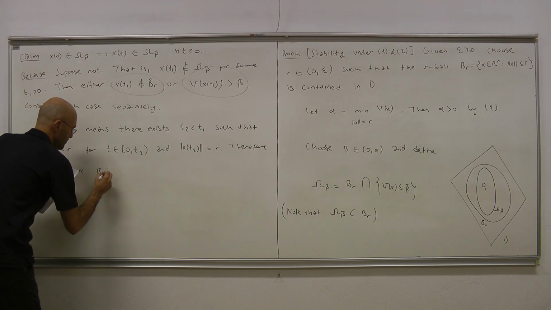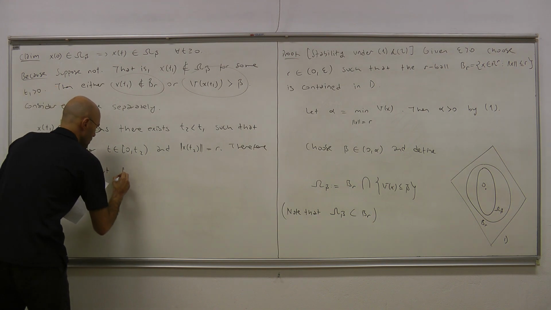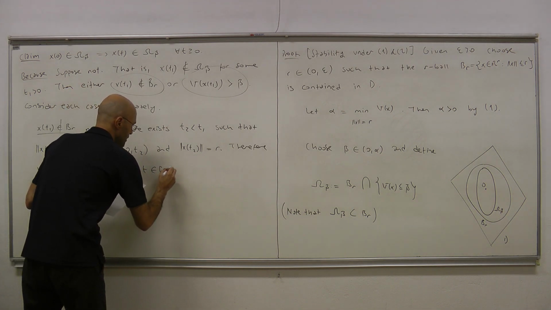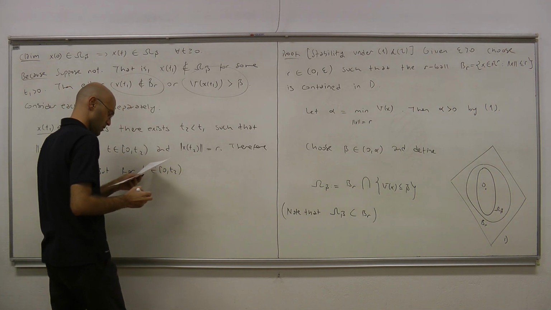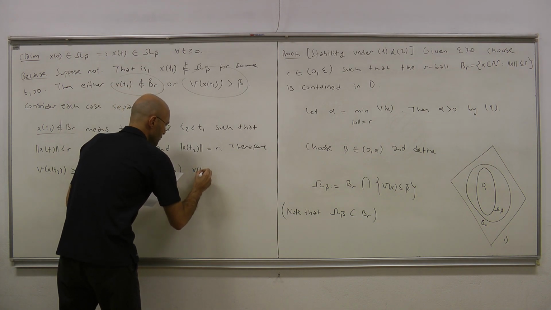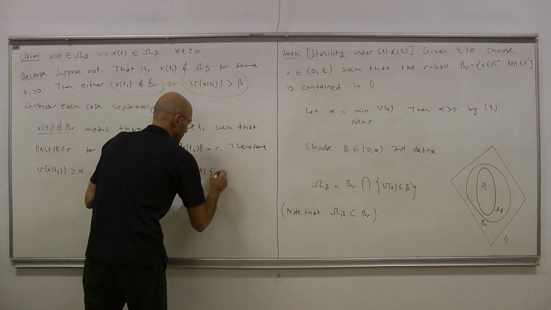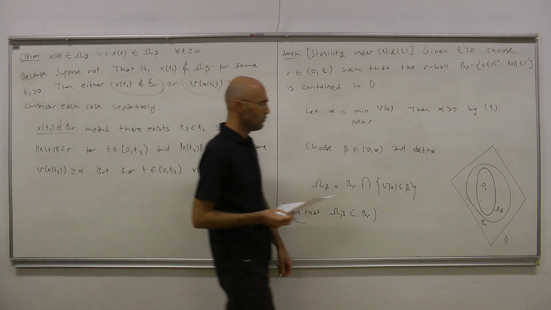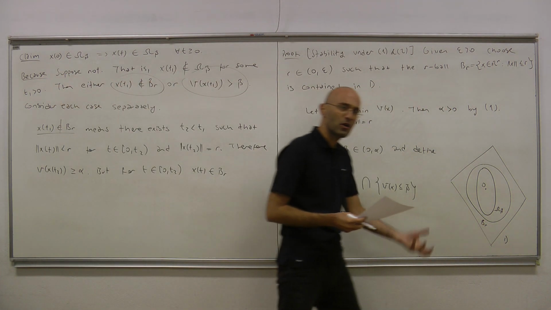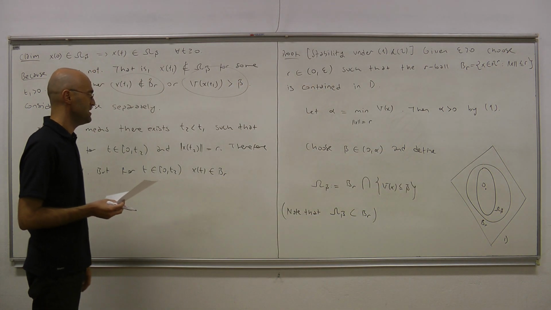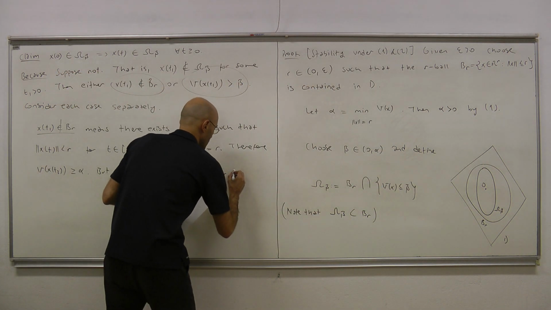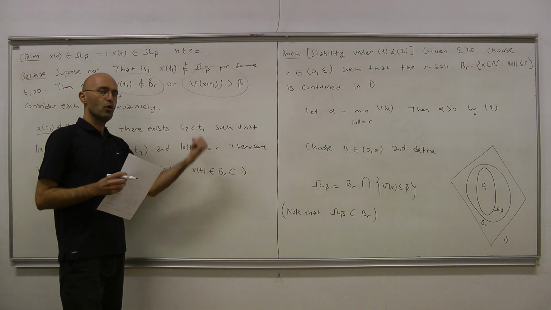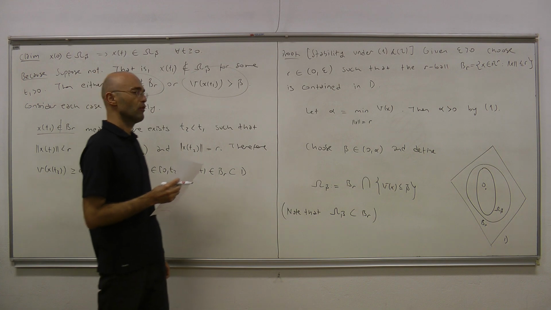But for t in [0, t2], what we have is x of t belongs to the R ball. x of t belonging to the R ball means that it also belongs to D, because the R ball is contained in D. And if x of t is in D, then the condition for the derivative of the Lyapunov function is valid.